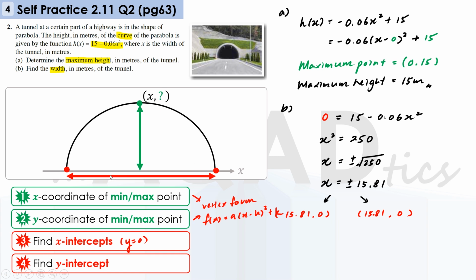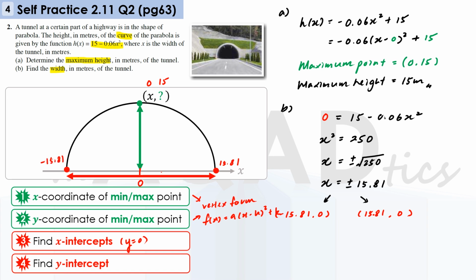To find the length, let's understand this graph a bit. Just now, the maximum point we got was 0, 15, so this means this x value is 0. Now the x-intercepts we have are 15.81 and negative 15.81.